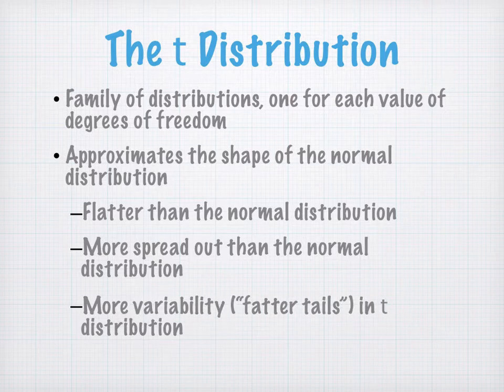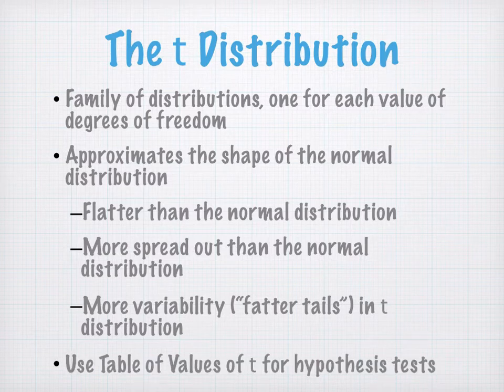That more variability, fatter tails in the T distribution, all of these make a big difference when we have a smaller sample size. These aren't as much of an issue when you have a sufficiently large sample size, but a really small sample size can be very problematic because we have a lot more proportion in the tails than we do in a normal distribution.